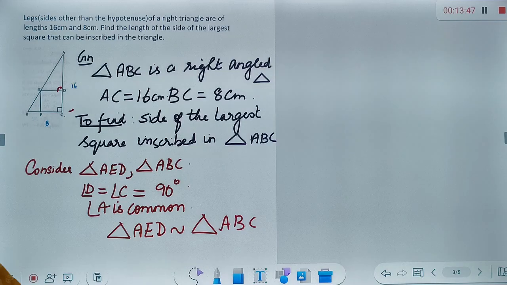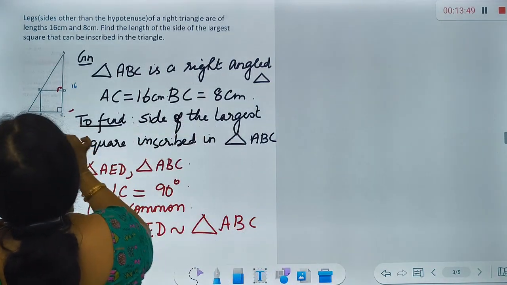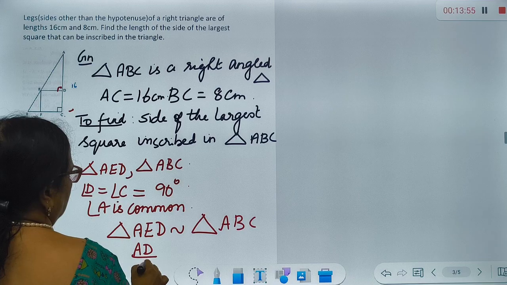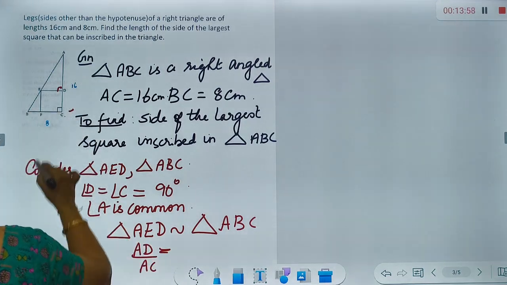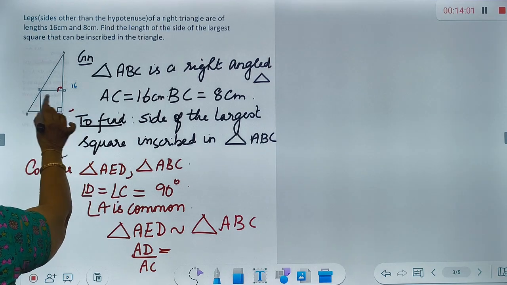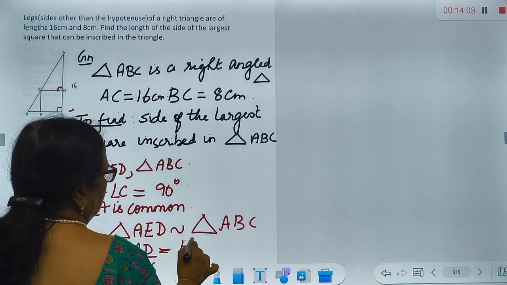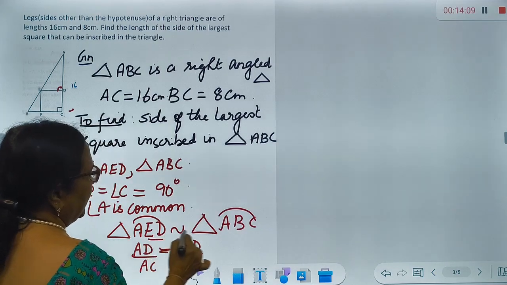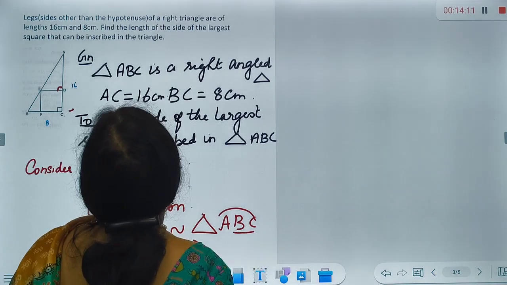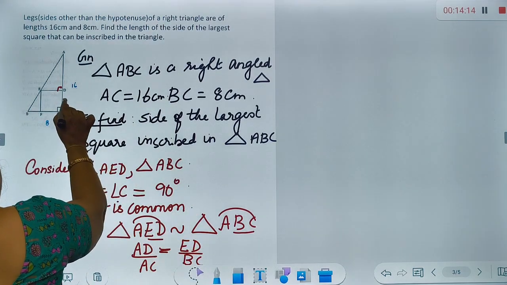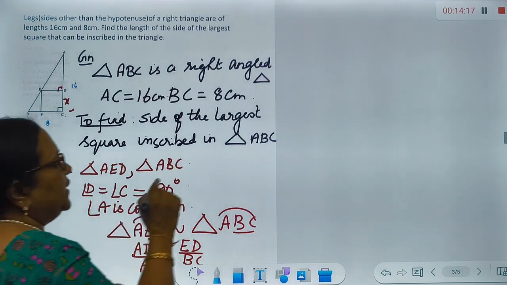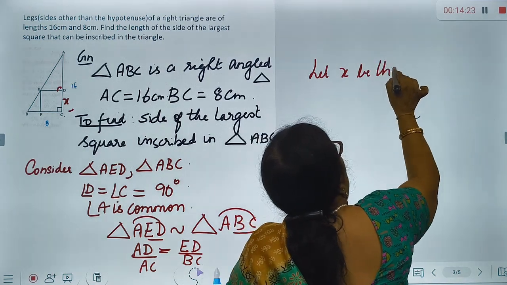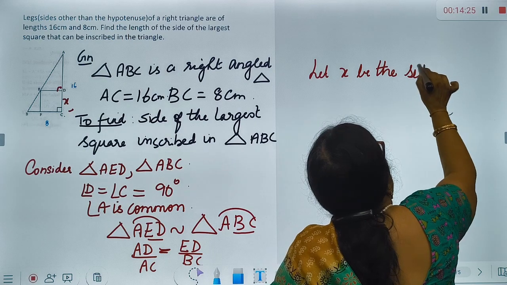Now from this we get AD by AC is equal to ED by BC. Let x be the side of the square.